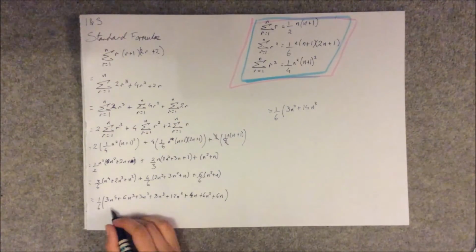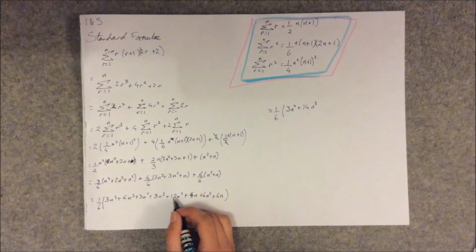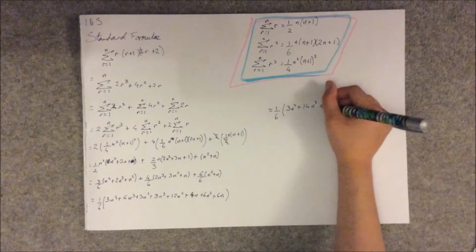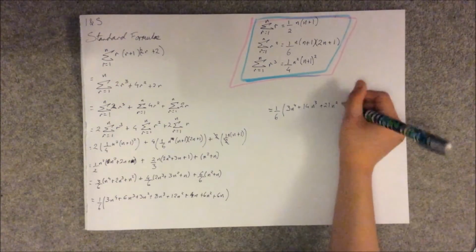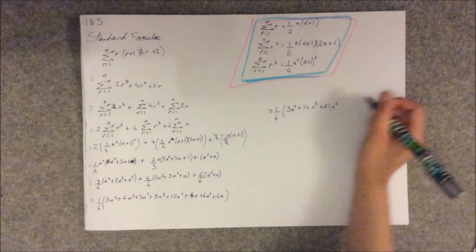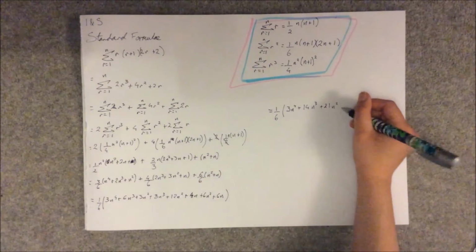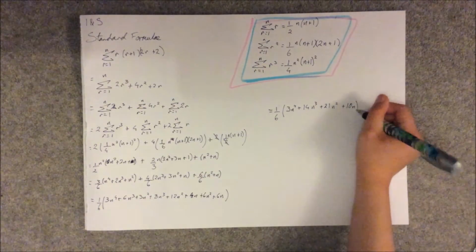And then for squared, you have plus 3, plus 12, and plus 6. So that is plus 21n squared. And for the simple n, you have plus 4 and plus 6, which is plus 10n.